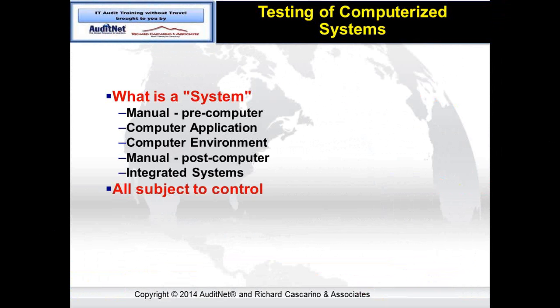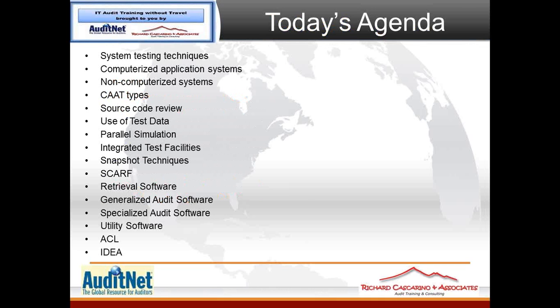Now we are running integrated packages which do the whole kit and caboodle for the whole organization. And everything has to fit together. All of these, theoretically, are subject to control. Now we talked, for those of you who are on the whole series, we talked on the first day about different things that happen in the computer that can be subject to control.